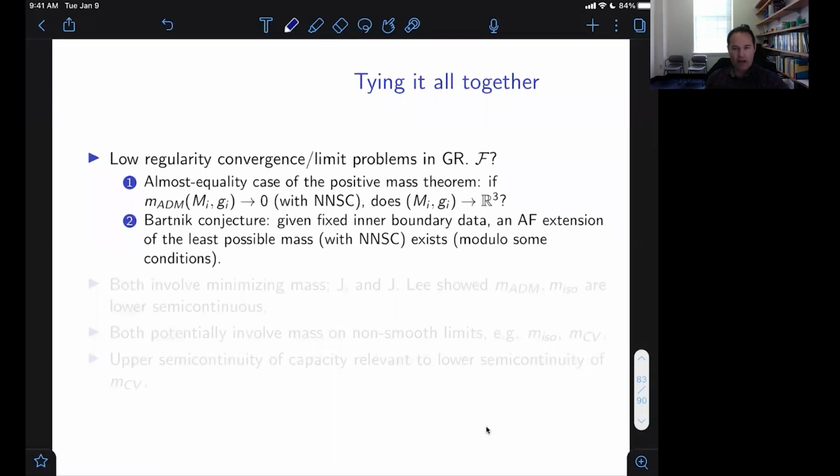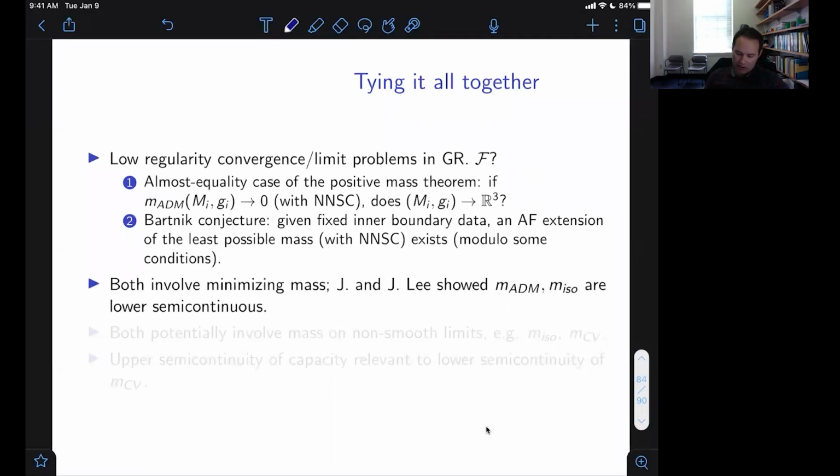So that's, again, a mass minimization problem. The connection among the low regularity semi-continuity stuff and the general relativity stuff becomes clear once you start talking about this mass minimizing problem. If you're minimizing a quantity, you want to know it's lower semi-continuous. This is work that is done. The most recent results were with Dan Lee, where we showed the ADM mass and isoperimetric mass have this lower semi-continuity property that you would want to hold for a mass minimizer.